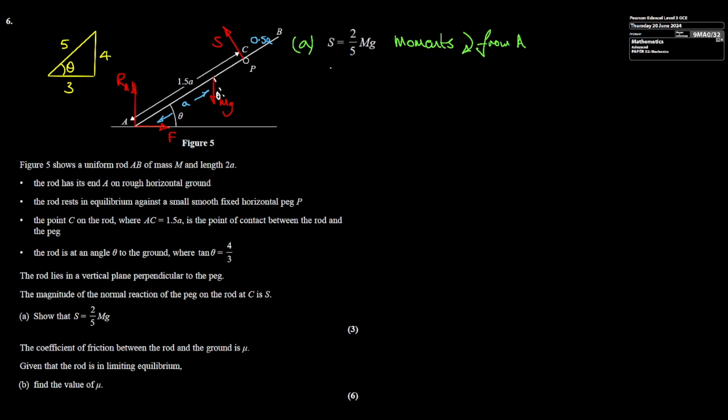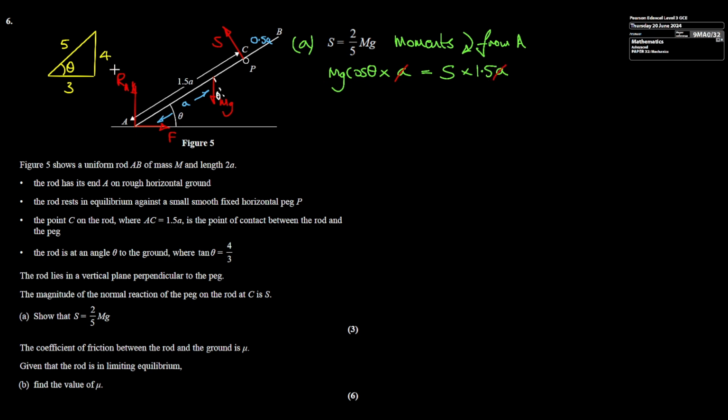So I've got mg cos theta multiplied by a, and that, because there's no other forces, must be equal to the force S, which is already perpendicular, so we don't have to turn it at all, but we have to multiply it by 1.5a. Straight away, the a's cancel.